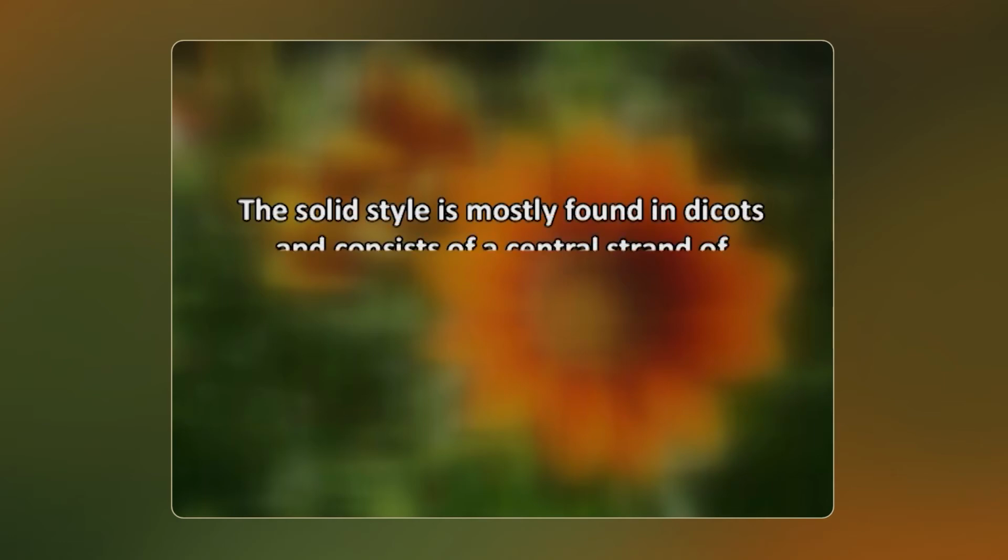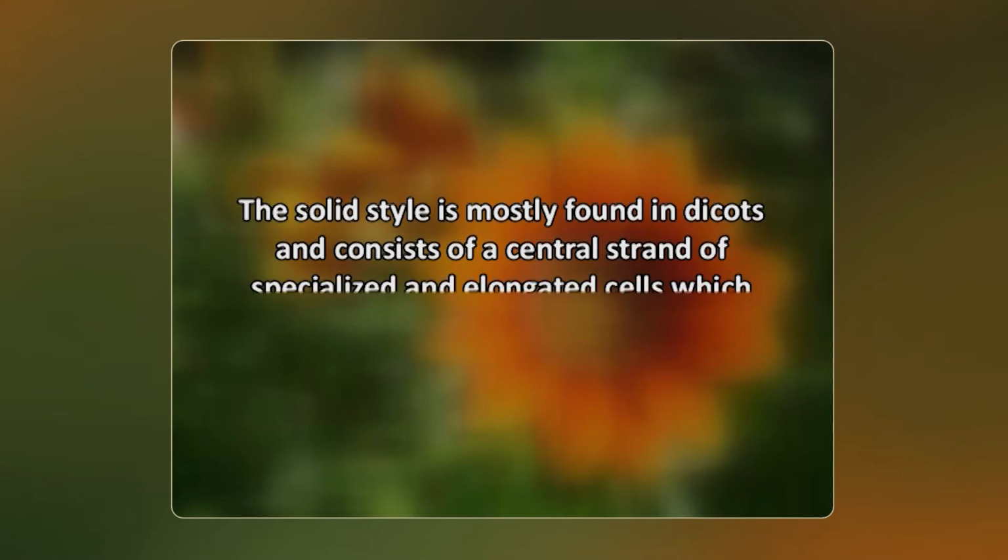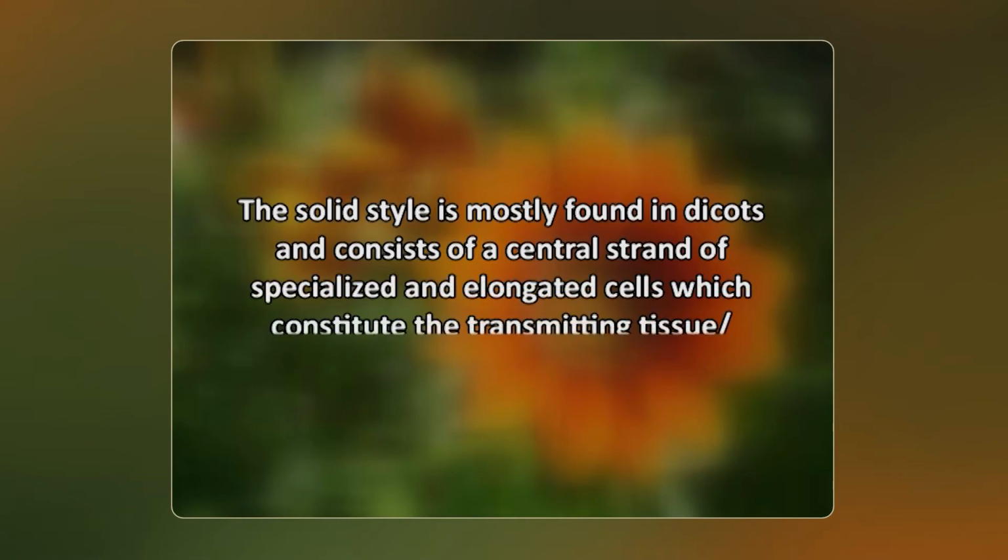The solid style is mostly found in dicots and is characterized by having a central strand of specialized and elongated cells which constitute the transmitting tissue, also called the conducting tissue.